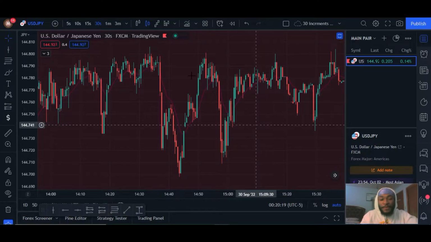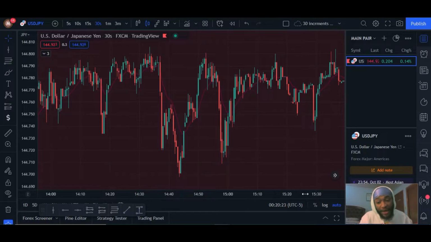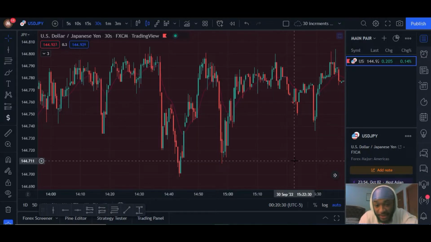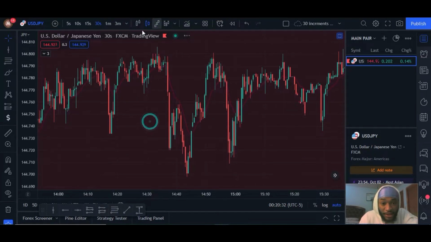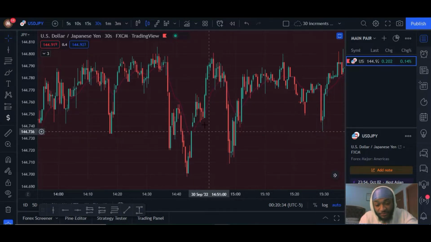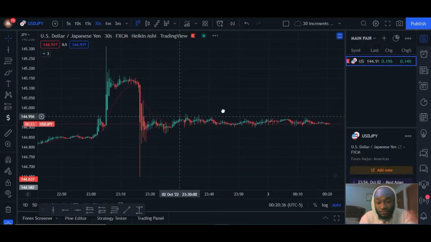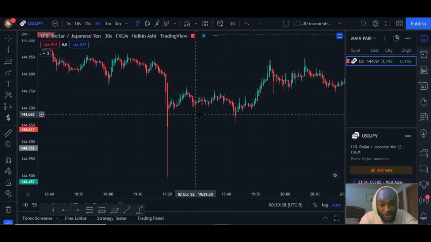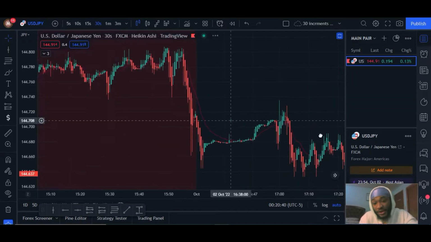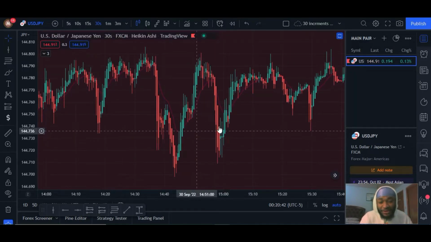I'm not saying I don't go back and forth from the regular candles, but for my entries, I'm using the Heikin Ashi as a confirmation. See how that looks on the regular candlesticks compared to the Heikin Ashi chart. The Heikin Ashi chart is supposed to somewhat filter out that noise, but for me personally, I'm not really too worried about the noise.